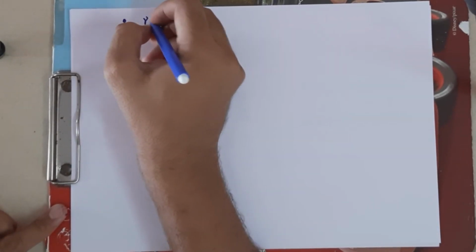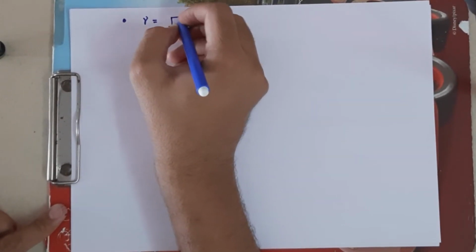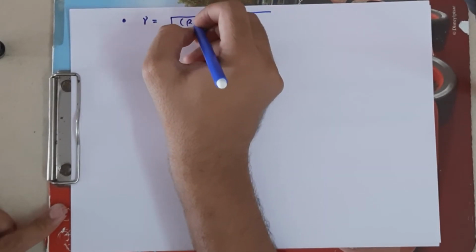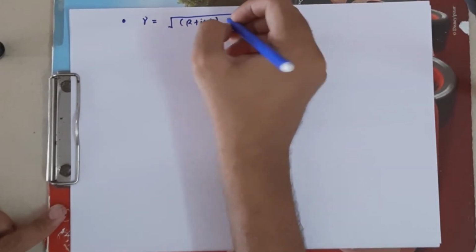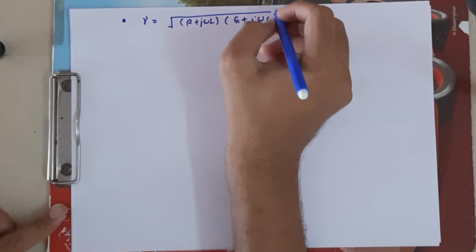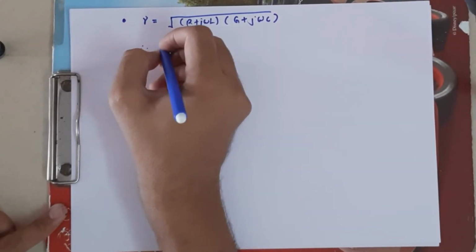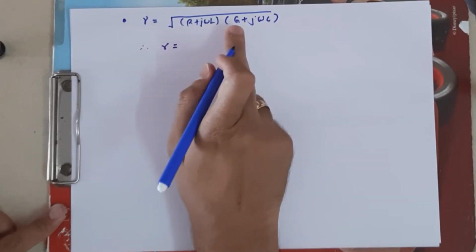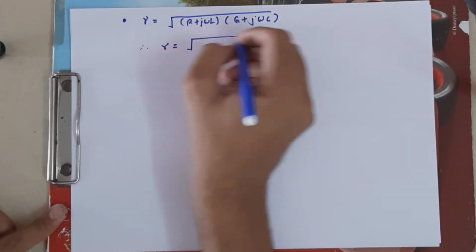First, the propagation constant gamma for a transmission line is the square root of (R plus j omega L)(G plus j omega C). For a lossless transmission line, the values of R and G are both 0.